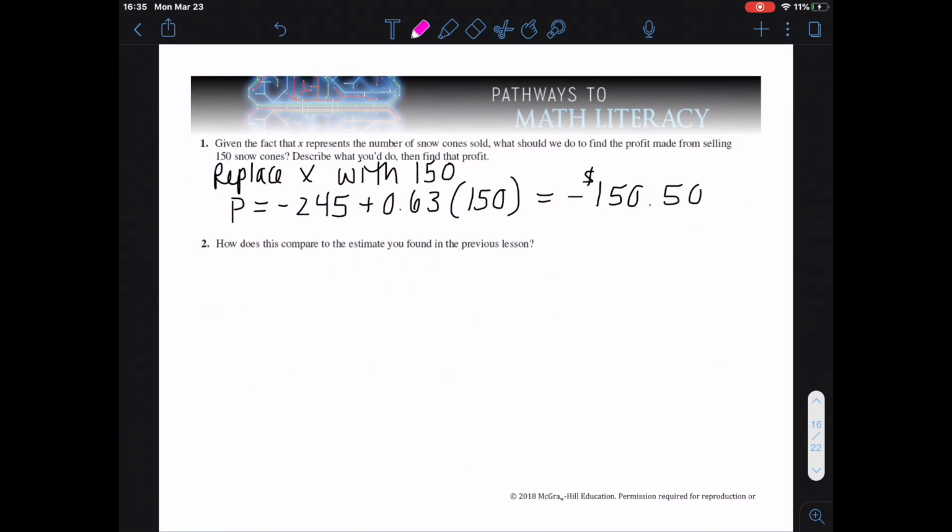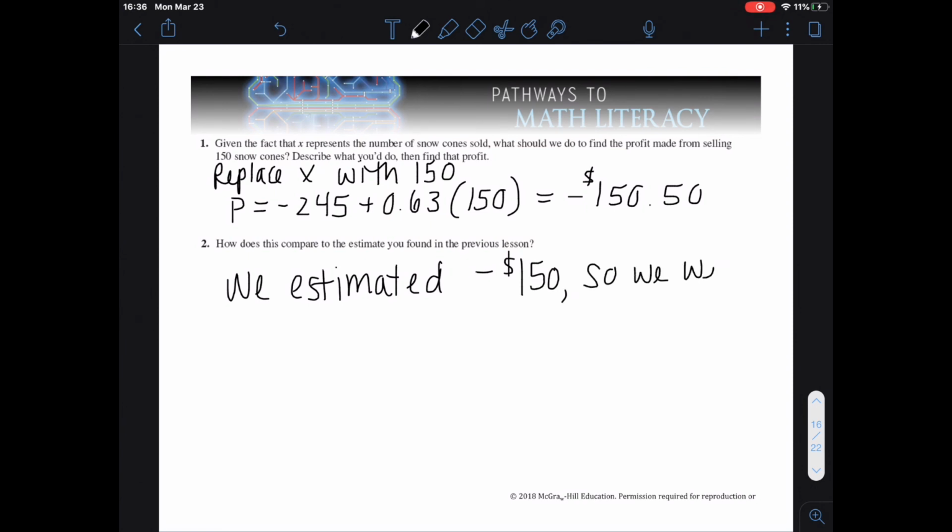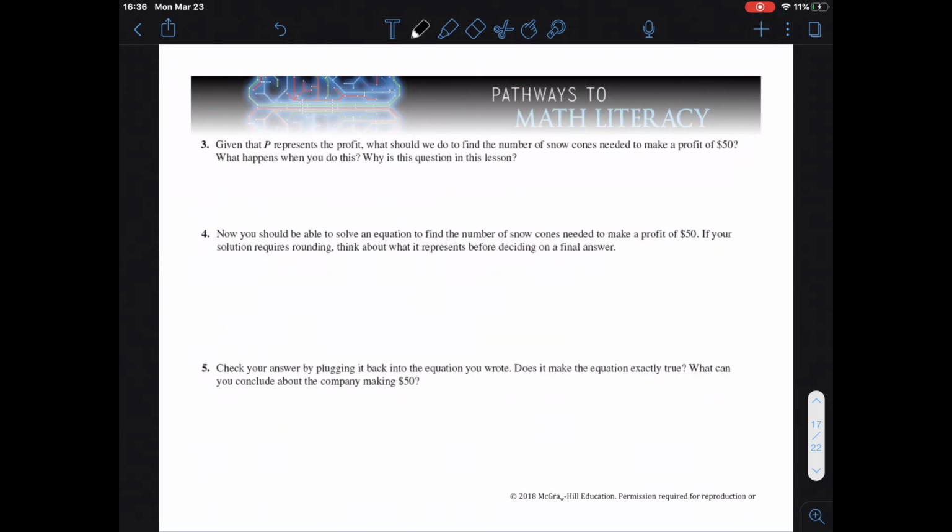So we estimated negative $150 was our profit, so we were pretty close. We were just off by 50 cents. Right. So now let's keep working.